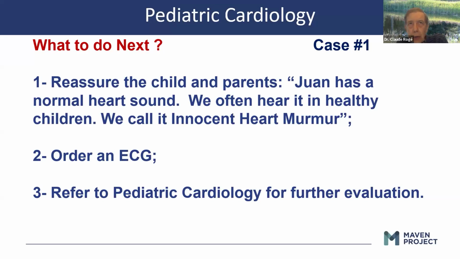So here you hear the murmur. You are going to go over the family history carefully, okay? Definitely, if you have an early cardiac event in the family, or if you are not totally sure about the murmur, it's not a bad idea. But the problem again with EKG is that you are going to get lots of false positives.